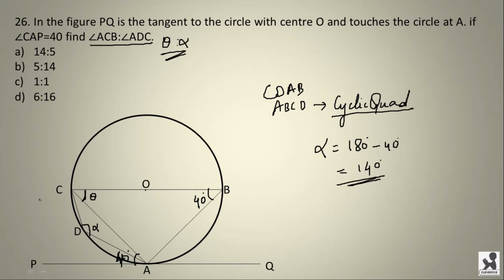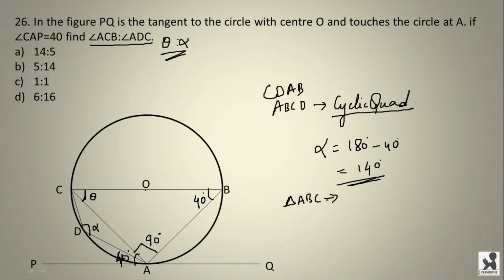Now we can see that CB is the diameter, and triangle ABC has one side on the diameter, so angle CAB will be equal to 90 degrees. The angle in a semicircle will always be 90 degrees.